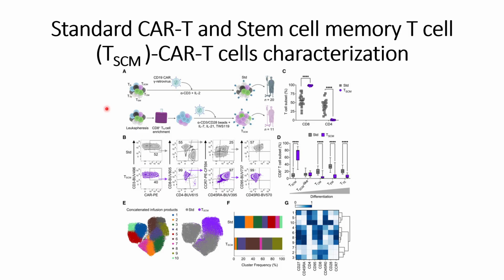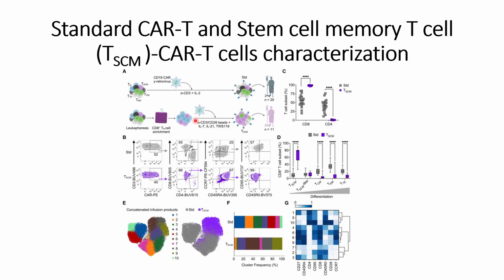Whereas for the stem cell memory T cell based CAR-T cells, after leukapheresis, they first enriched the naïve CD8 plus T cells, based on a previously published protocol. From these naïve CD8 plus T cells, they also did the retrovirus transduction targeting CD19.